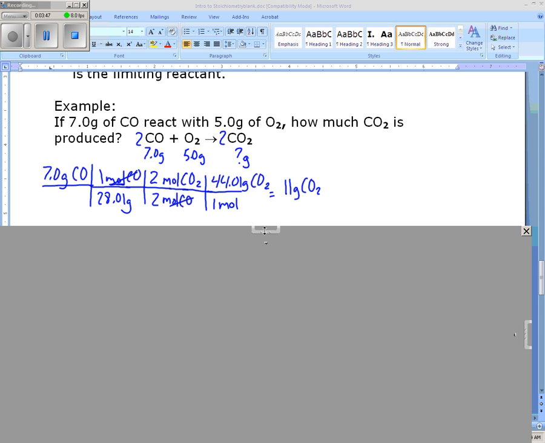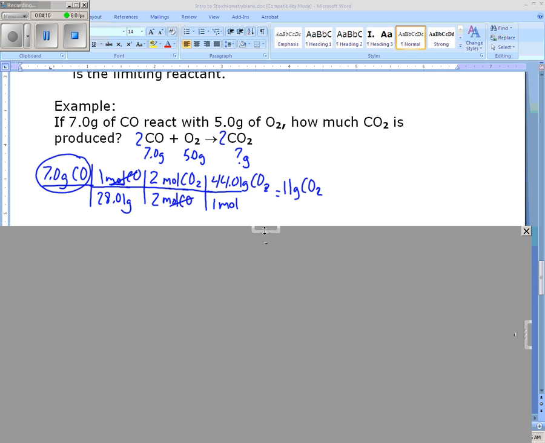Now that means that if all 7 grams of my carbon monoxide gets used up, I'm going to produce 11 grams of CO2. All right, I'm just going to get rid of that circle there so it doesn't confuse us later on. 11 grams. All right, so now we know how much 7 grams of CO would produce.